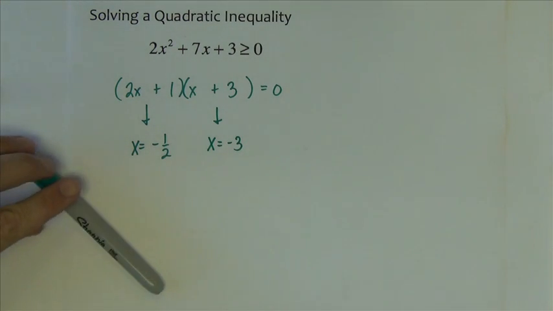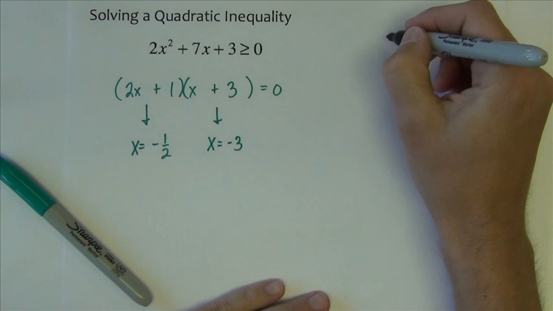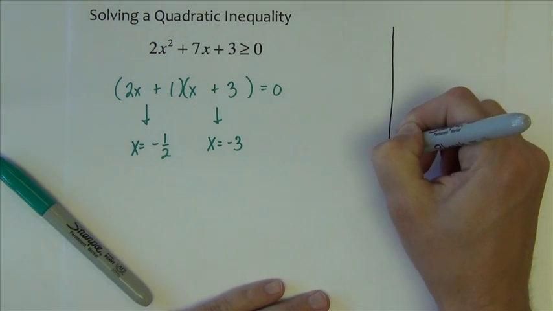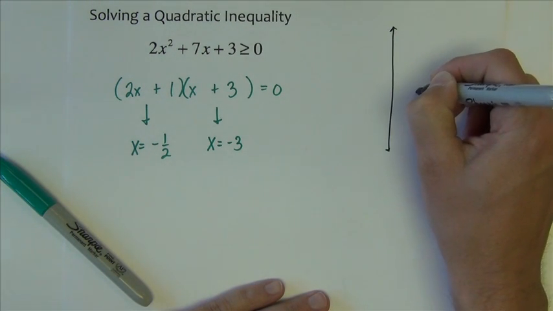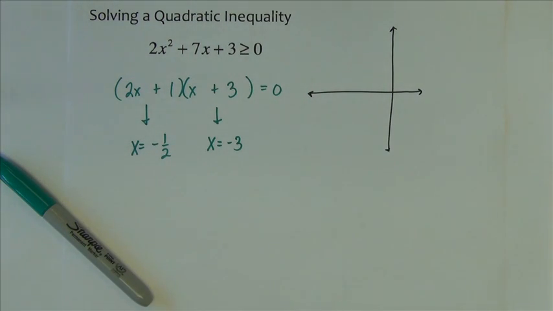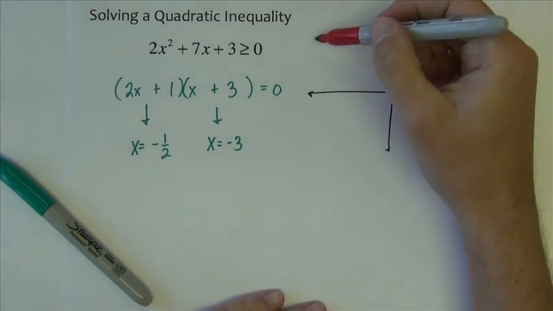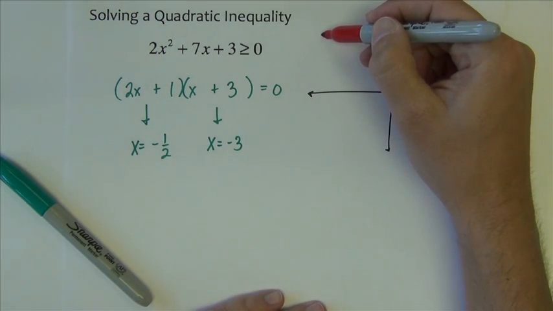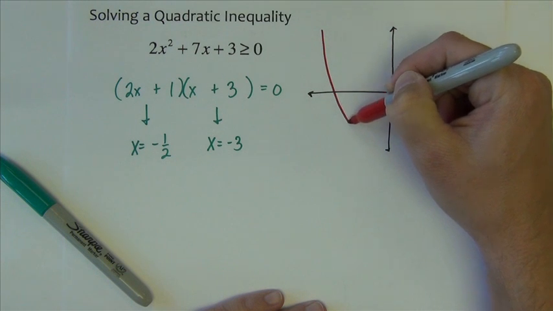Okay, so the graph of this parabola would look something like this. It's going to cross through the x-axis over here on the left-hand side.